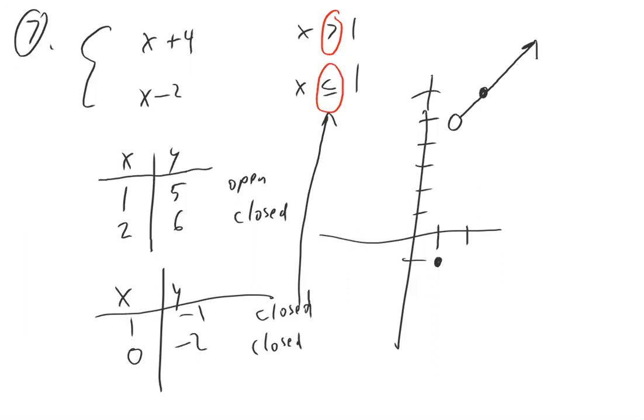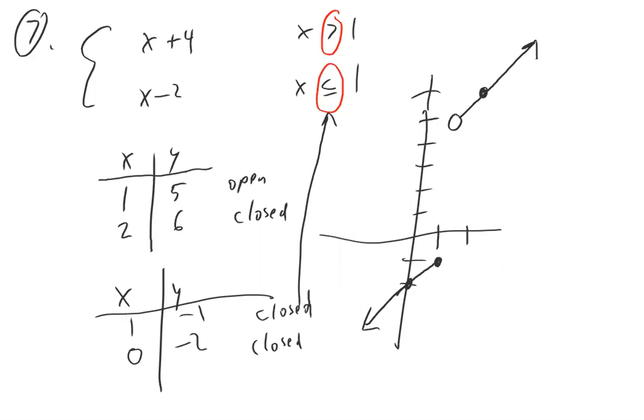And then I'm going to go to 0, negative 2, which is another closed dot. And then I'm going to start from the first closed dot and go that way, because the first one is where it begins. So that's the way the graph looks.